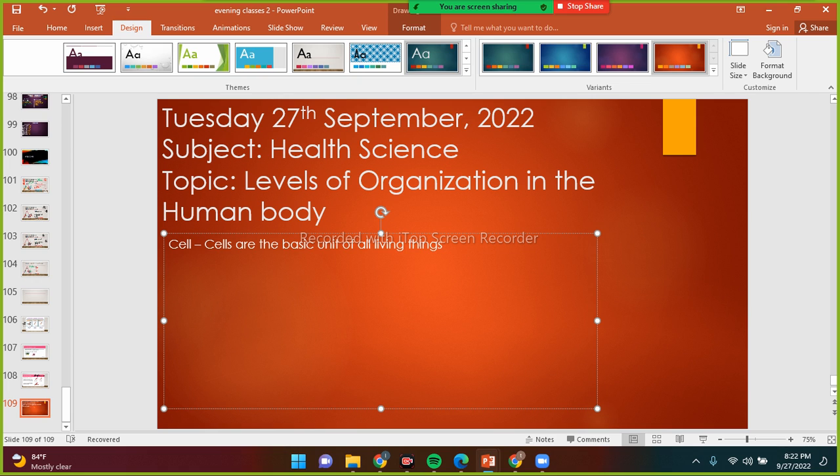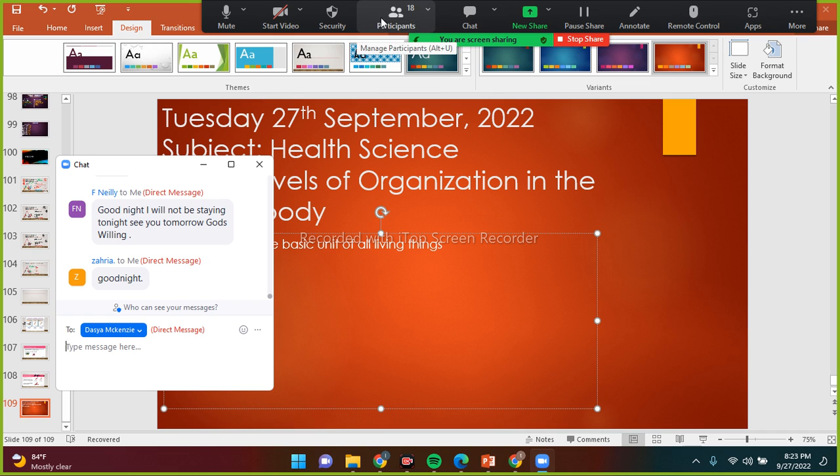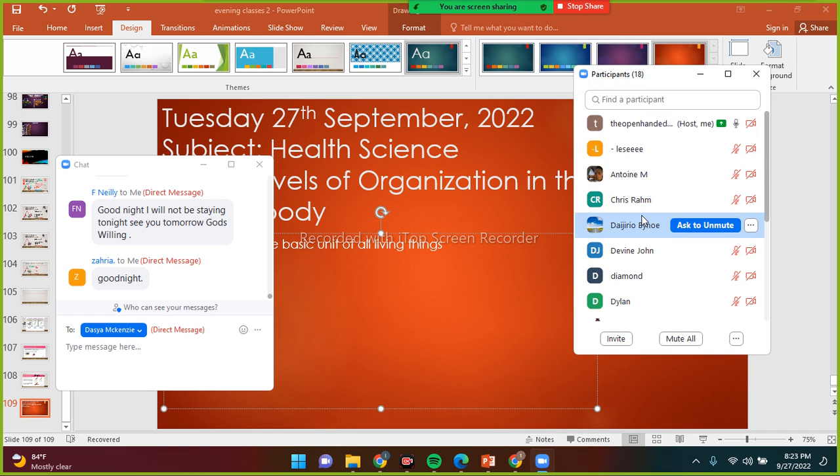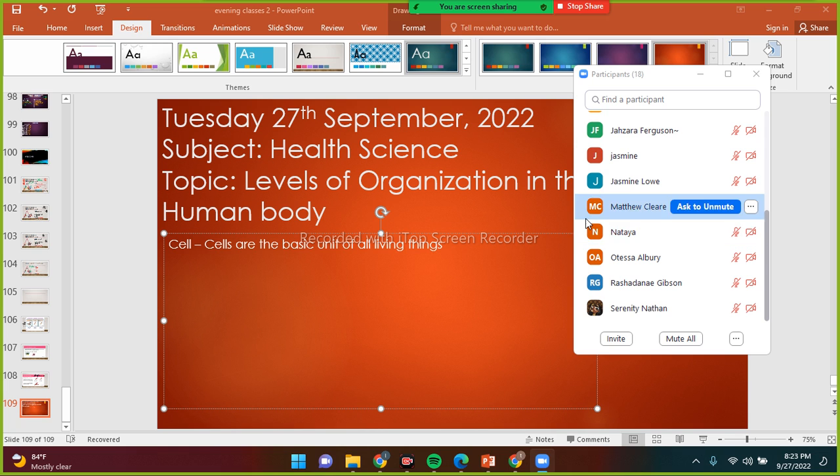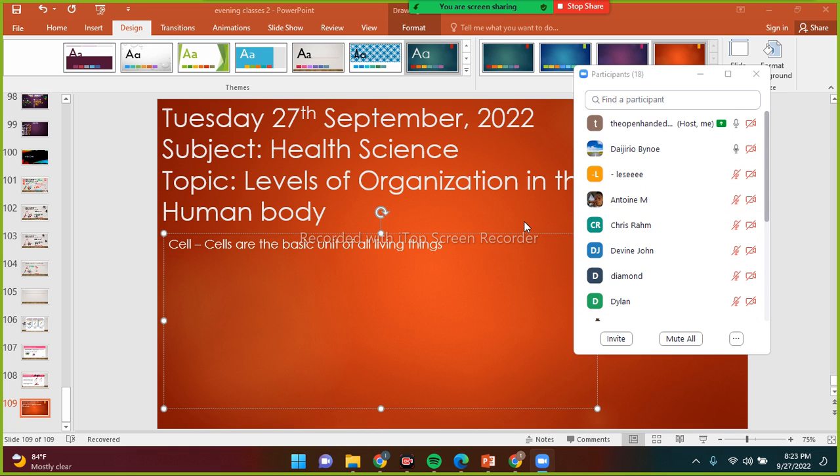And then after cells, groups of cells come together to give us what? So cells are the basic unit. Groups of cells come together, give us what? Can you repeat that?